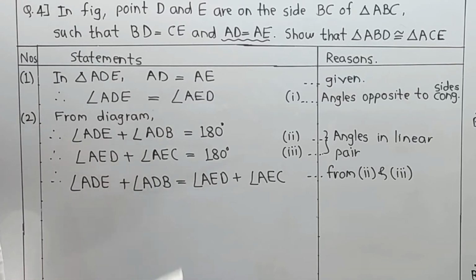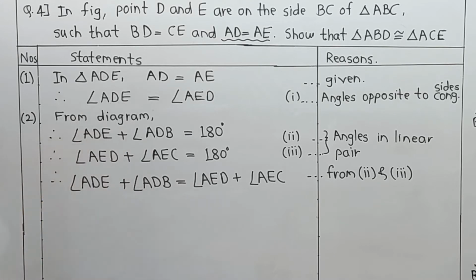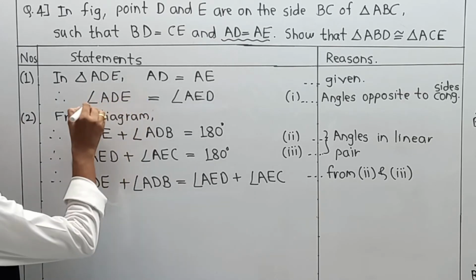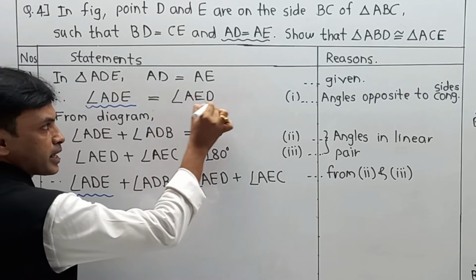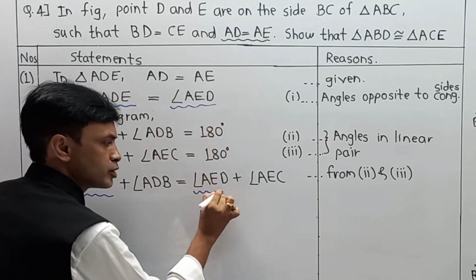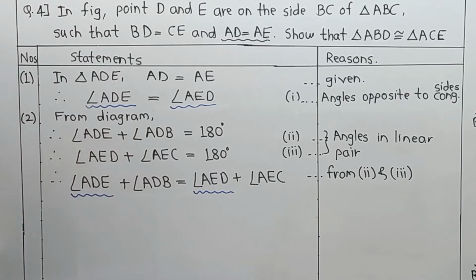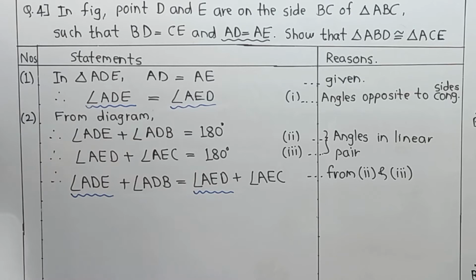What exactly have we written in equation 1? Angle ADE, and the second angle AED, the same angle AED is over here. It indicates that angle ADE and angle AED have equal values.